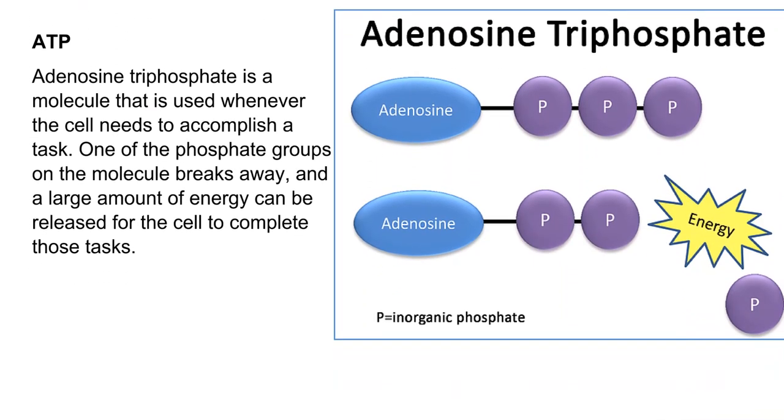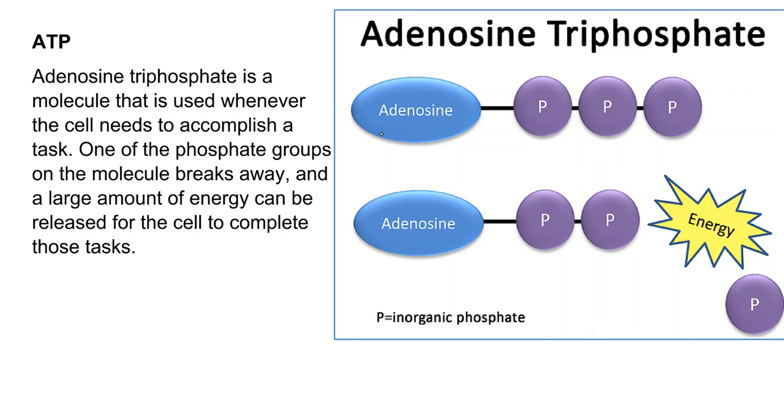So let's take a closer look at what adenosine triphosphate is. ATP is adenosine triphosphate, and you can see the structure over on the side here. Adenosine is really two different substances bonded together: adenine and a sugar, a ribose backbone.